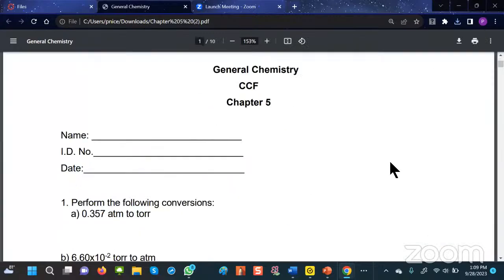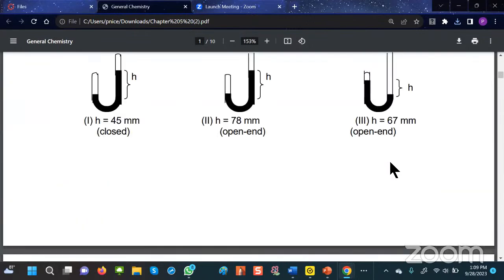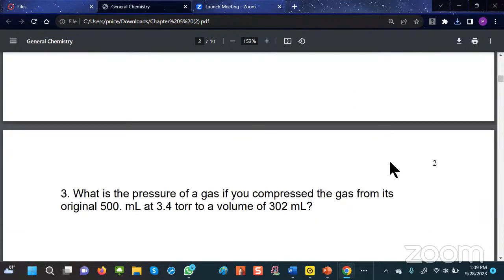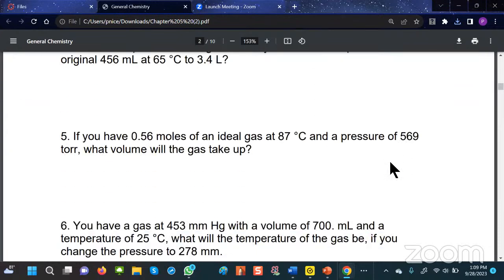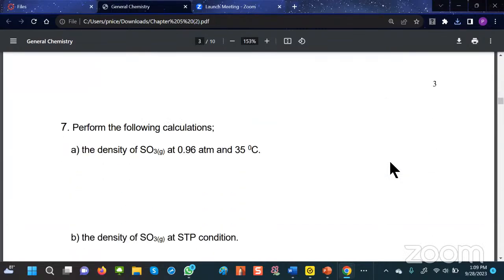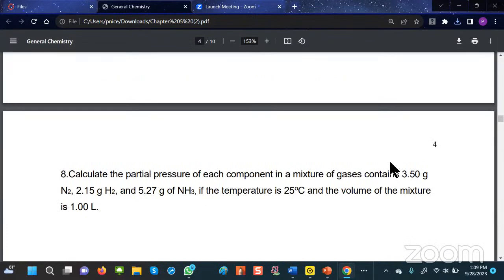If I remember correctly, we got as far as question number 2, right? Yep. All right, so from what we've done so far, you should be able to do questions 3, 4, 5, 6, 7. Okay, so from 3 to 7.